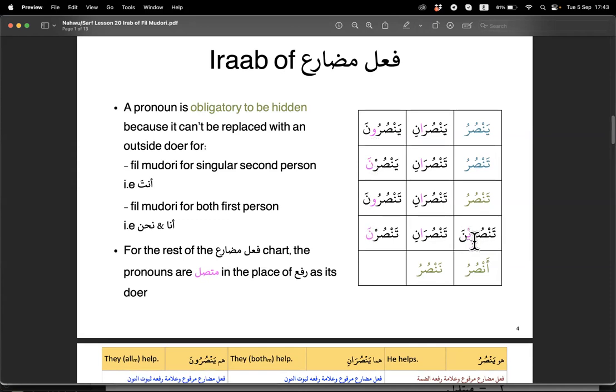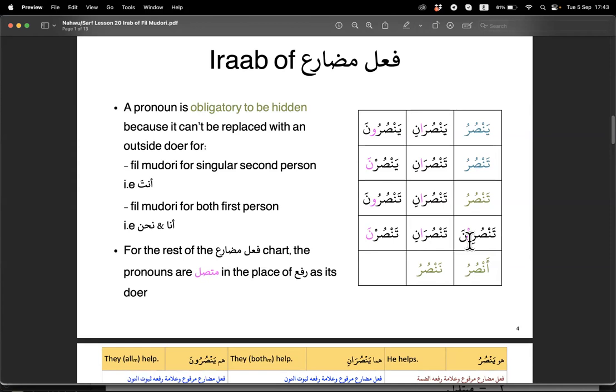So we have a new one here, because in Madi we don't have a different domir than the rest. It's all ta for the Madi. The mudari ya here is called ya muhatabah. The ya of the muhatabah just means second person feminine, the ya of anti.